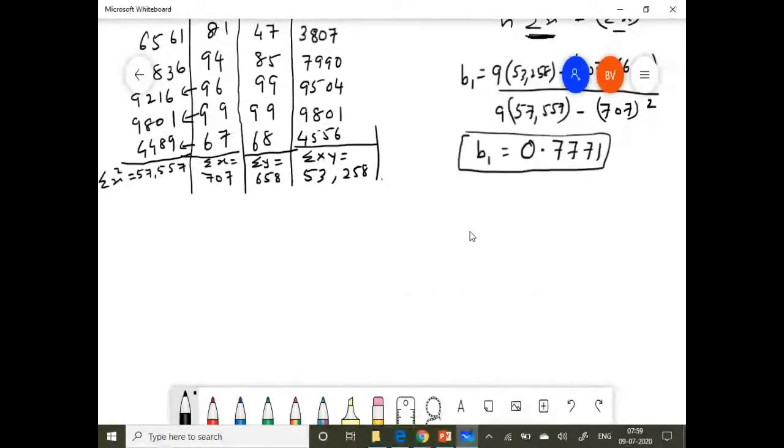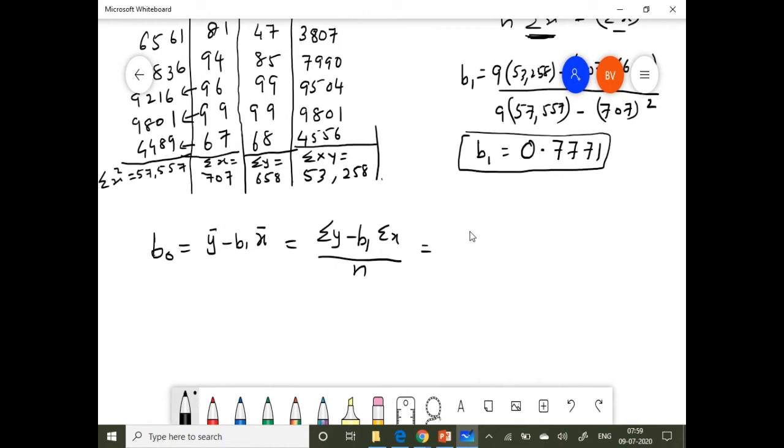Now the formula of b0: we know b0 is y bar minus b1 x bar, average, isn't it? That is y bar, summation y over n, minus b1 summation x over n, so n is in common. What is summation y?